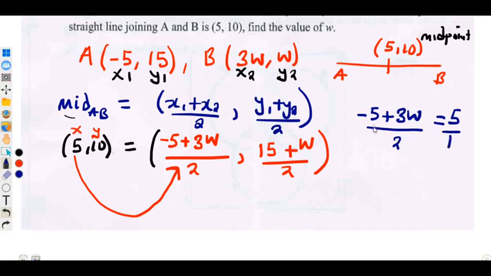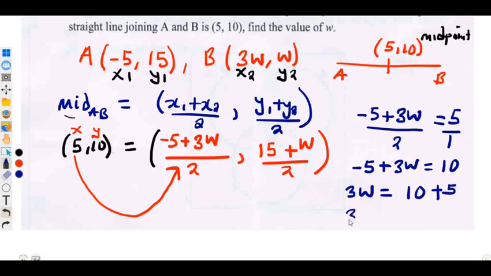We divide by 1. So negative 5 plus 3w, 3w times 1, we will get the same thing, which is negative 5 plus 3w equal to 10, because 2 times 5 is 10. So here we need to correct the right terms. We're going to have 3w is equal to 10 plus 5.